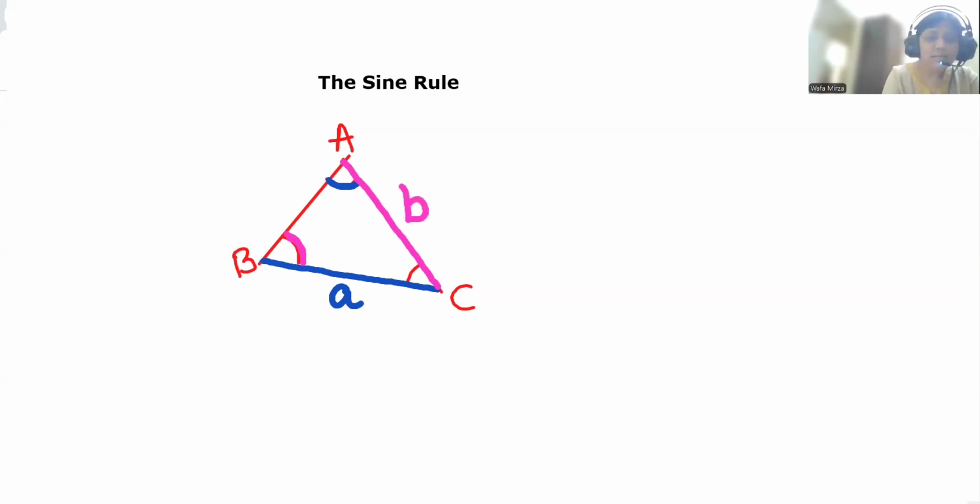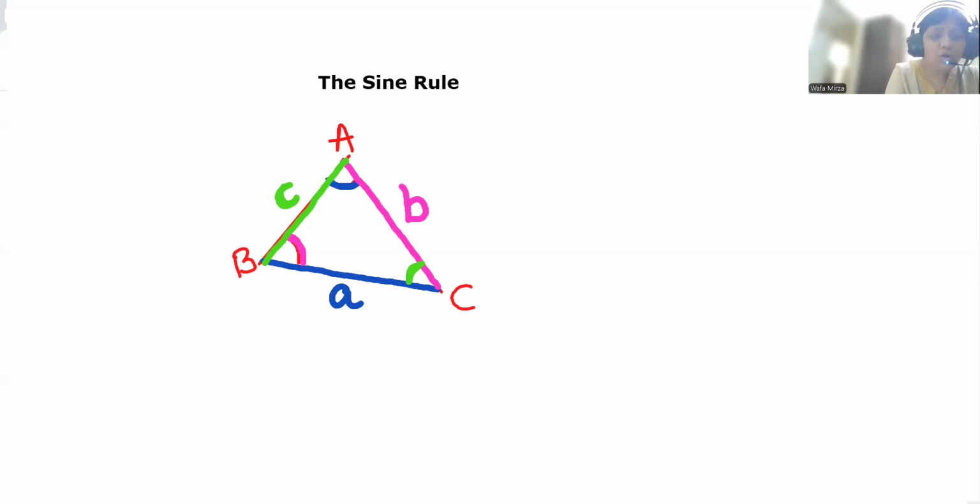And similarly, the side which is opposite to angle C, the length of that side is small c. So here you have to remember that angles are represented by uppercase letters and lengths of sides are represented by lowercase letters.